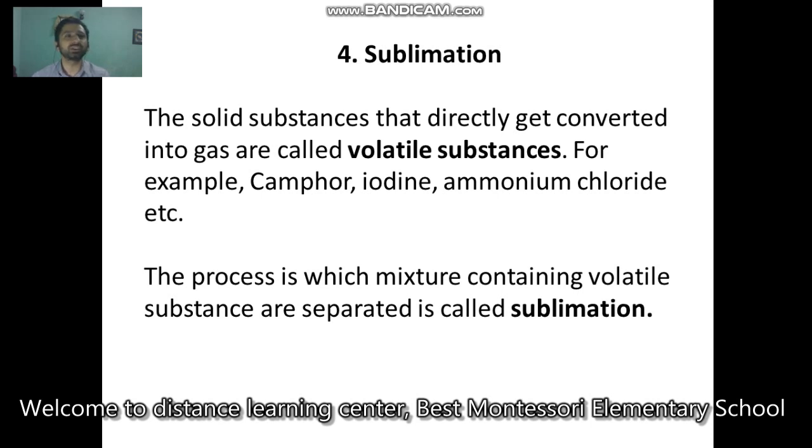Not solid to liquid or liquid to gas. It's directly gas from solid. Common examples are camphor, which we commonly call kapur in Nepali, iodine, and ammonium chloride. They are examples of volatile substances. The process which we use to separate these volatile substances is called sublimation.